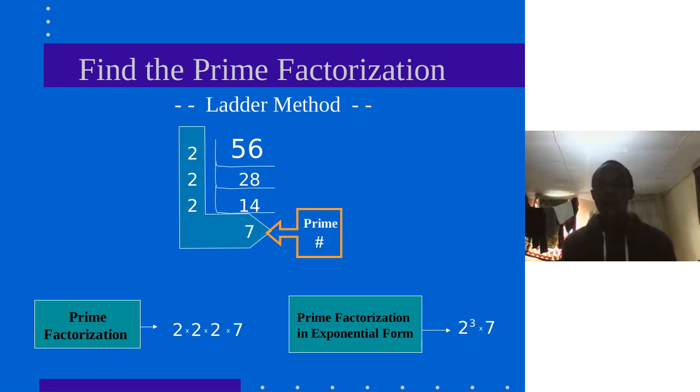For instance, our 2 appears 3 times, so it will be 2 raised to 3 multiplied by 7. 2 raised to 3 is equivalent to what, class? 2 raised to 3 is equivalent to 8. And then you multiply 8 by 7, you obtain 56. Good.